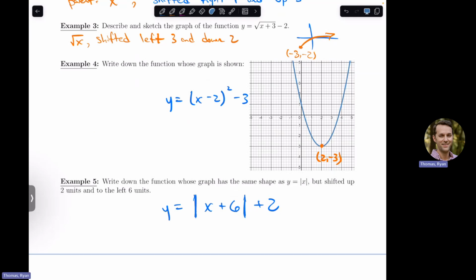And then again, once I have a thing that I think works, I go graph it, I check to see if it actually does. If it doesn't, hopefully I'm close enough that I can figure out how to correct and adjust. Okay? Pretty feel good about all that? Okay. So that's about the halfway point for this transformation stuff. Next time we'll talk about reflecting and stretching, but that's shifting.